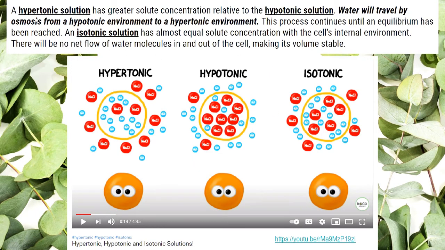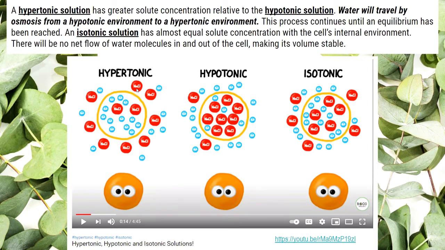Again, a hypertonic solution has greater solute concentration relative to a hypotonic solution. Because of this, water will travel by osmosis from hypotonic to a hypertonic environment. So, for example, this is your cell. When placed in a hypertonic solution, it means that you have more solute concentration outside.